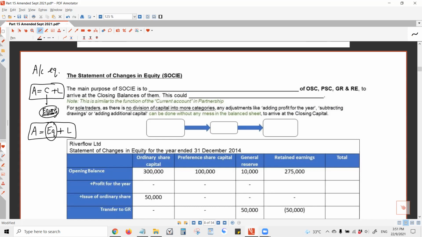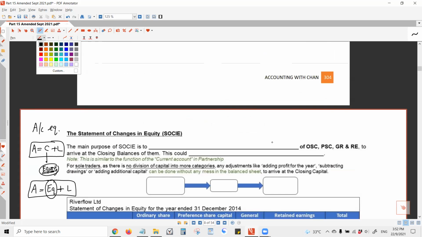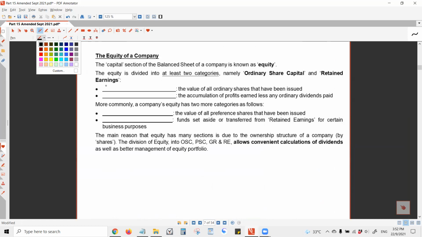And for company accounting, equity is made out of 4 components. You write down: equity is made out of 4 components, 1, 2, 3, 4. First one, you write ordinary share capital.